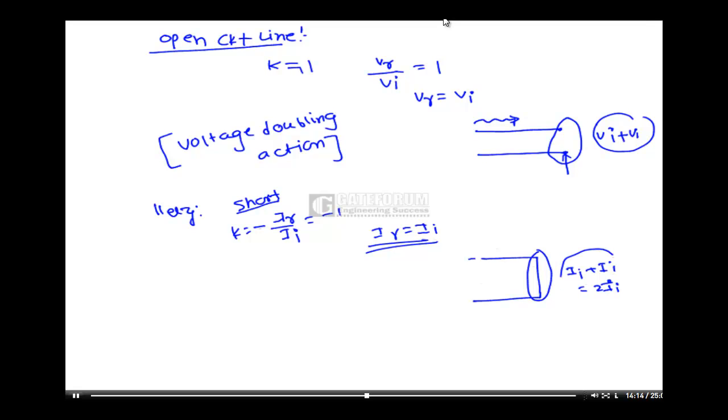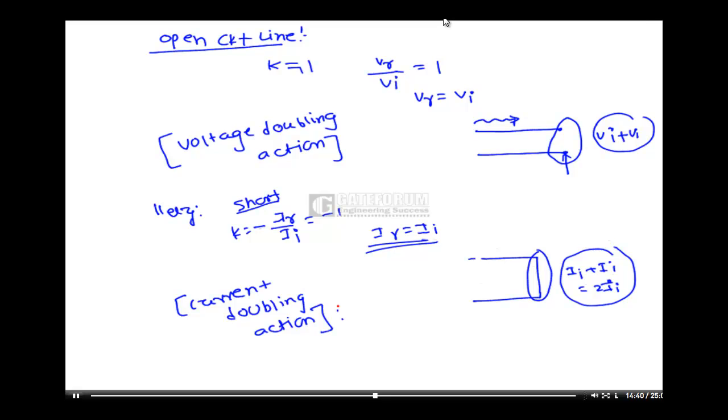This is double the input current at the load end. So the entire wave is reflected back. This is also called current doubling action. So the important point to keep in mind is that for a short circuit case or open circuit case, the entire wave is reflected back.